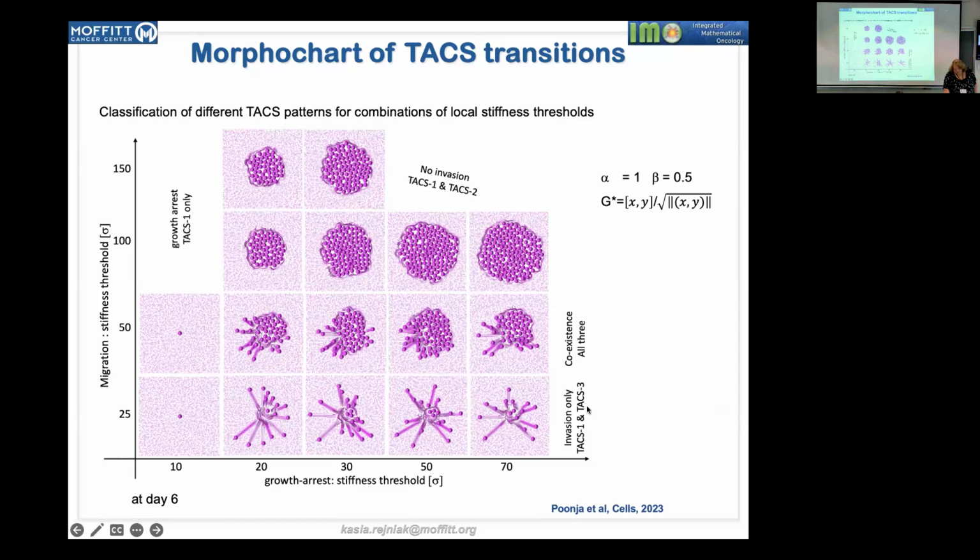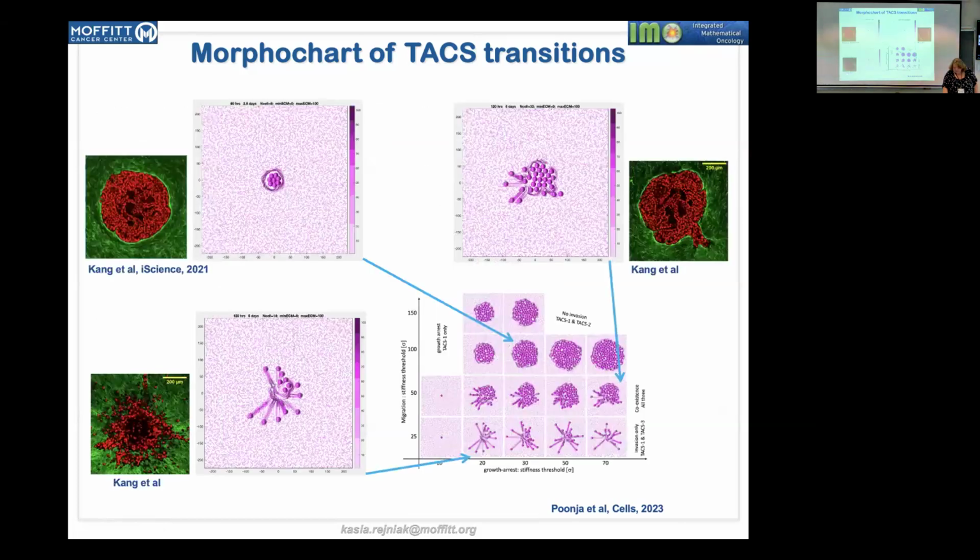If the migration stiffness is very small, everything is migrating. When the migration stiffness is high, you have a cluster of cells growing and no migration, and then there is this region in between. Some of those morphologies are also observed in the literature.